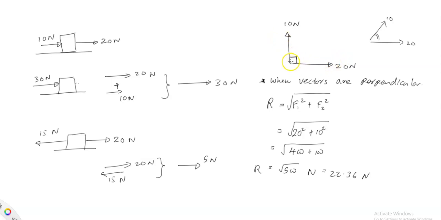The resulting force is going to go in between in a third direction, but it's going to go closer to the bigger force, right? Out of this 10 and 20, 20 is the bigger force, so the resulting force is going to go somewhat closer. It won't take this exact middle path. It will be more like something like this, more closer. This angle will be smaller than this angle. The bigger the force, the resulting force is going to get closer to that bigger force.